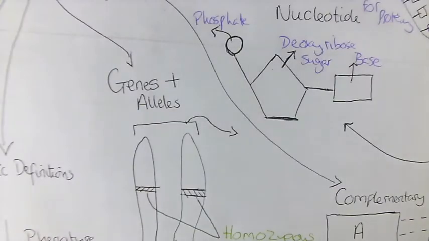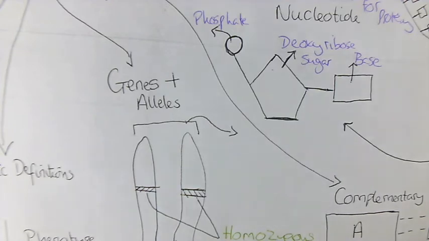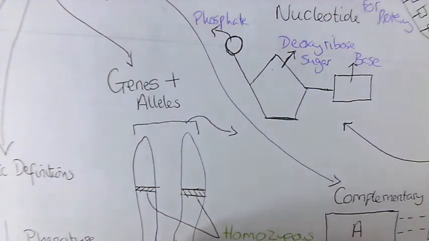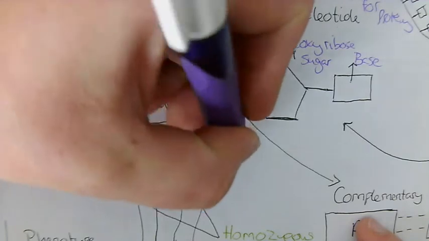Bit to add there is we have 23 pairs of chromosomes in the human body. So the alleles are going to be on the same pair. So the chromosomes of the same pair have the same genes. So this is a chromosome of one pair.